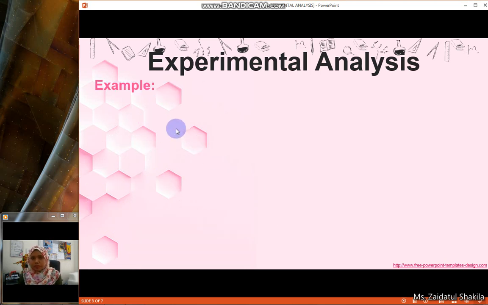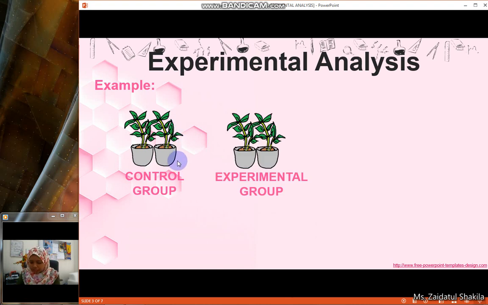Let's give an example. You are going to do a scientific experiment comparing two different groups of plants. Each group should have a minimum of 2 plants. If you have more than 2 plants, it's even better. The control group contains 2 plants that grow under natural sunlight, while the experimental group contains 2 plants that grow under red wavelength.